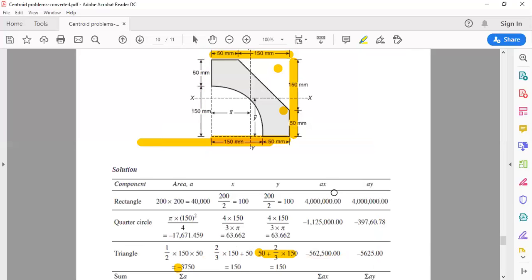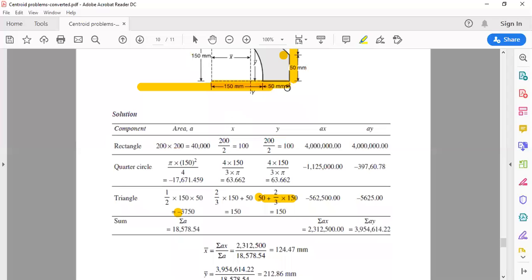So once we get area, x and y, we can calculate Ax and Ay, that is by multiplying area into x coordinate, area into y coordinate. Keep this negative sign in mind. We are supposed to incorporate it. So we will calculate Ax, we will calculate Ay.